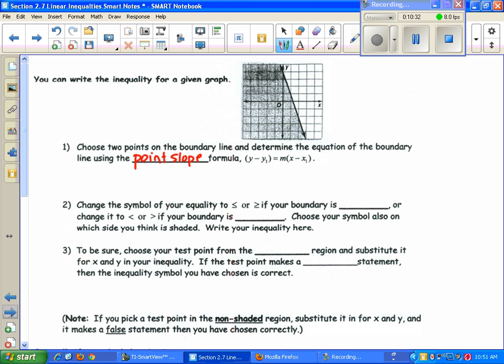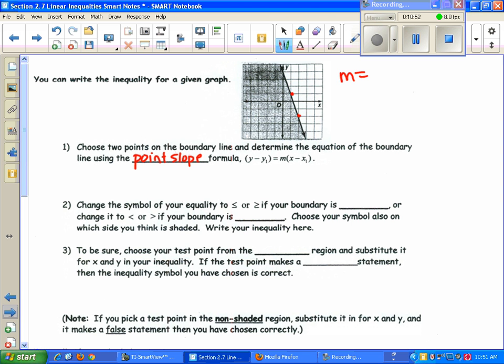And so that's one way we can do this. So if I picked a point here and pick another point on a grid mark right here, I could then from there find the slope by doing my slope formula, and then I could plug into point slope form and then solve for y.